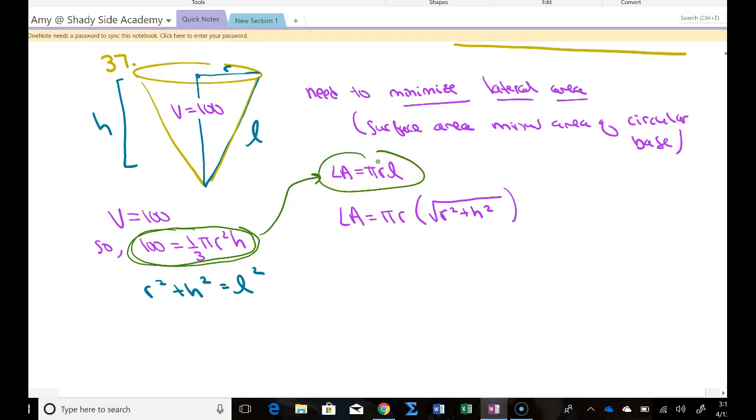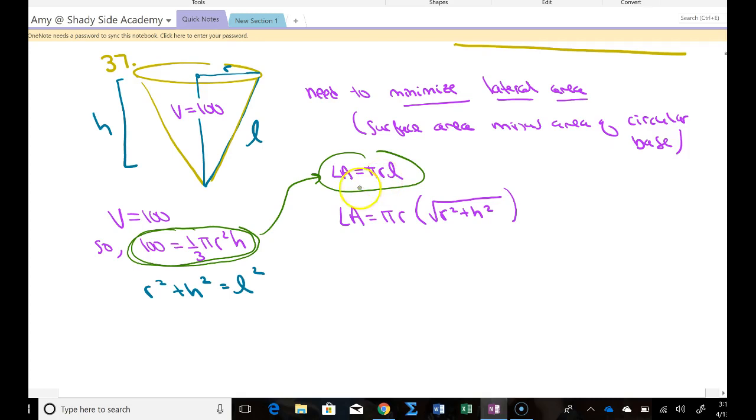The first thing you're probably noticing is, I have R and H involved in my constraint, but I have R and L. What do I do? Because if I solve here for H, I have no H in this equation, right? If I solve here for R and then substitute back in, I'll be left with L and H still in the equation to be optimized.